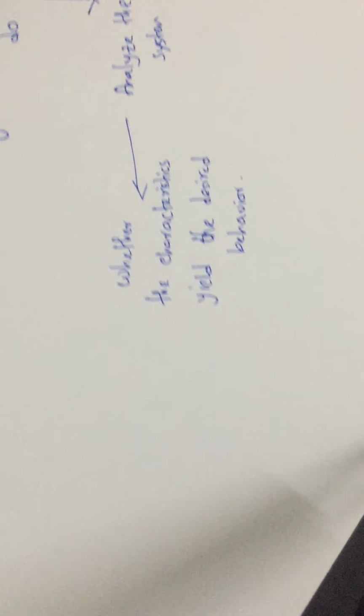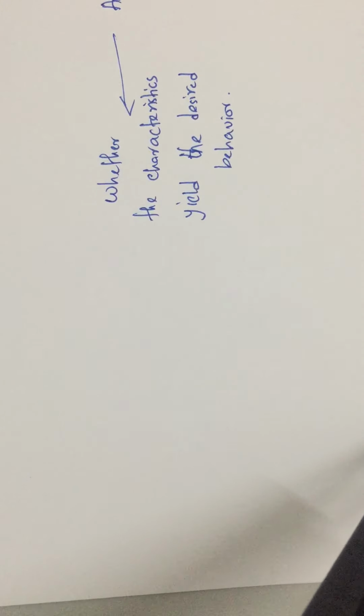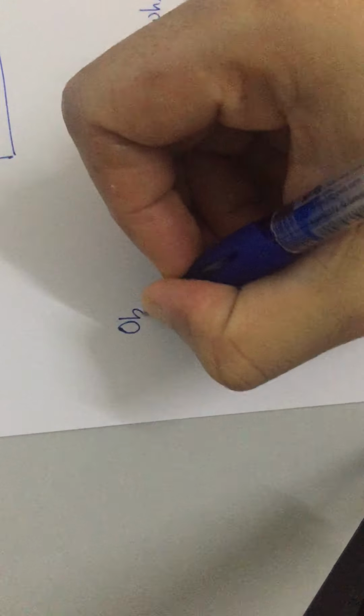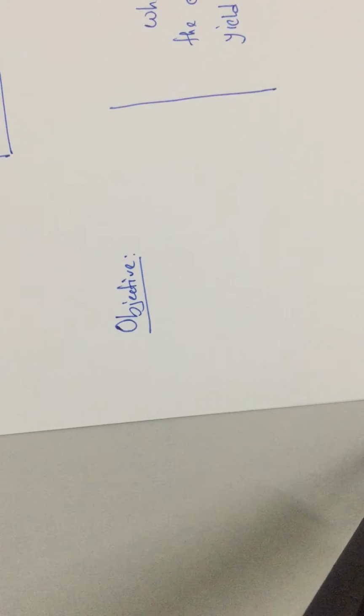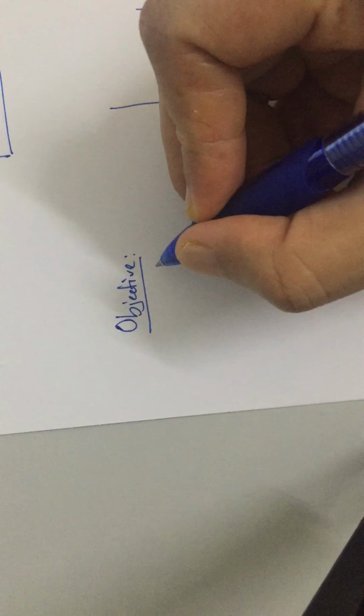So it means that the objective of the time domain analysis is to analyze the performance of the system based on time. If we know our objective, then it will be easy for us to understand that.